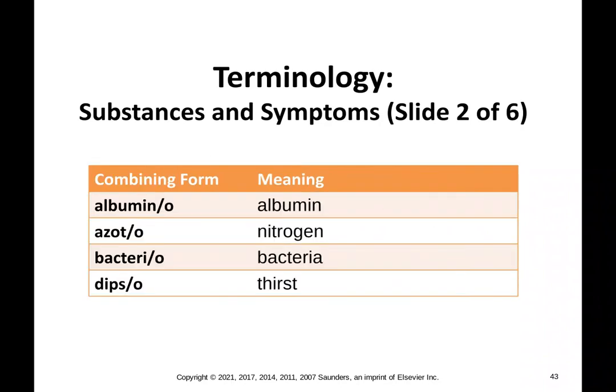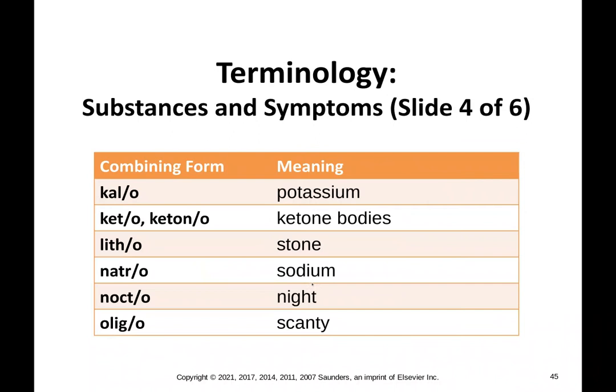Here are our substances and symptoms. Albumin, azot or azoto, pertaining to nitrogen. Bacteria or bacterio, bacteria. Dips or dipso, meaning thirst. Kal or kalo is potassium. Ket or keto or ketone or ketono are the ketone bodies. Lith is stone. Natri or natro is sodium.